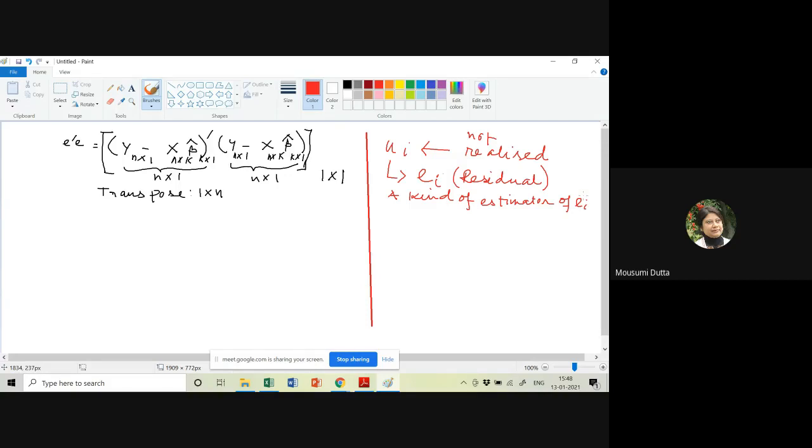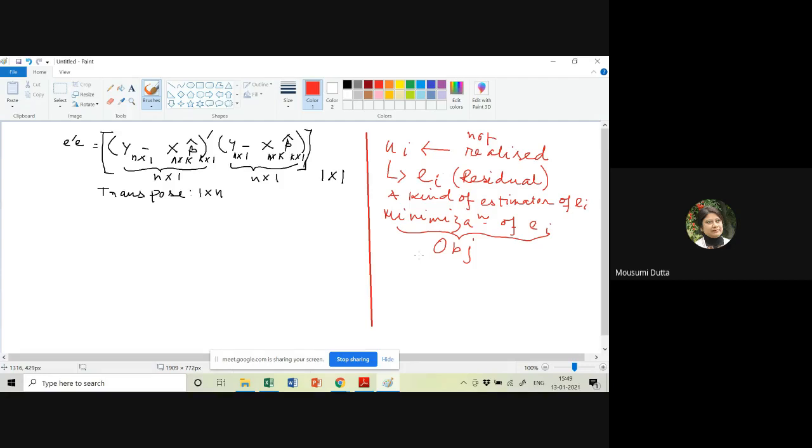So in the regression analysis, while we go for estimation, our objective will be minimization of EIs. However, this EI can be positive, negative, etc.